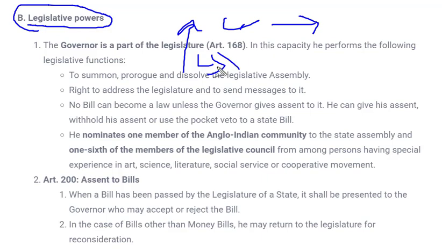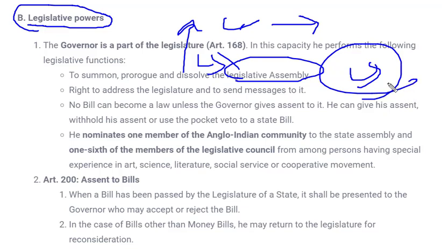We'll see what his legislative powers are. As the President has the power to summon, prorogue and dissolve the legislature at central level, the Governor can dissolve the legislative assembly at state level. At state level we have the legislative assembly; at central level we have the Lok Sabha and Rajya Sabha sessions, which the President can dissolve.